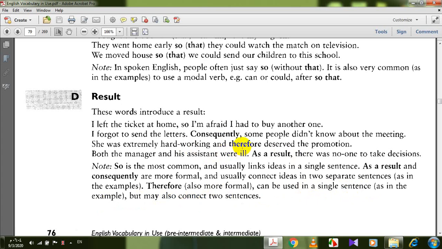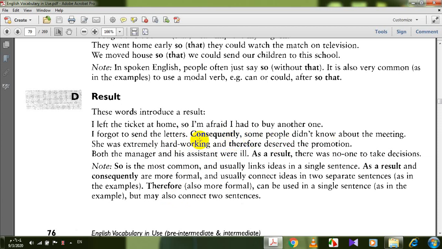For example, I forgot to send the letters, full stop, therefore, comma, some people didn't know about the meeting.